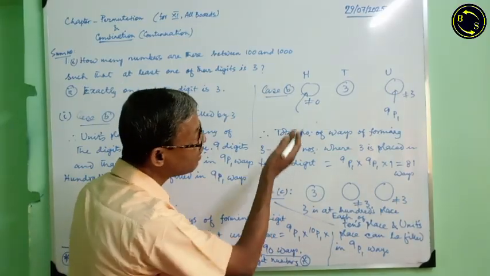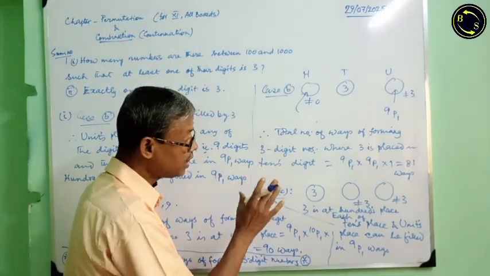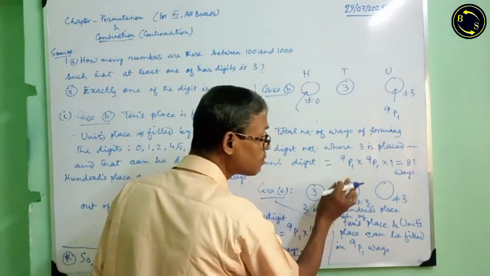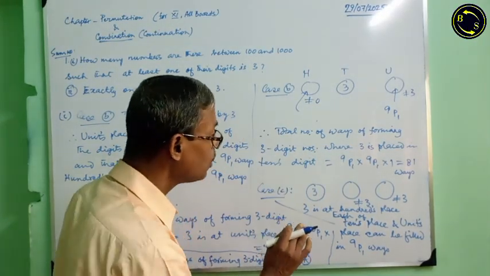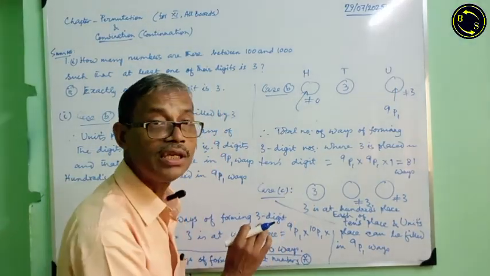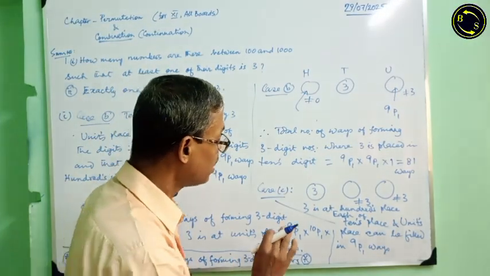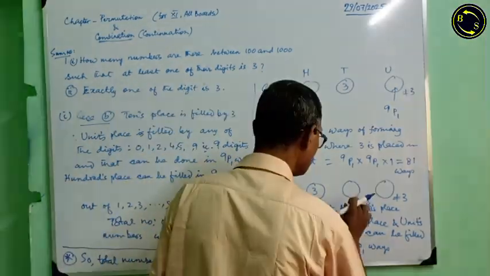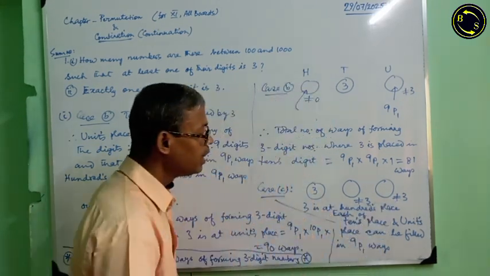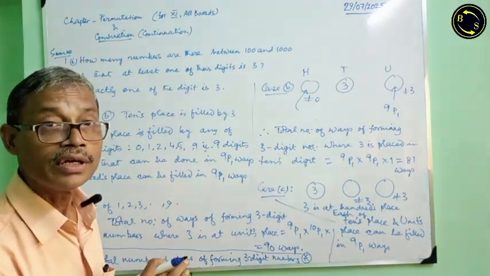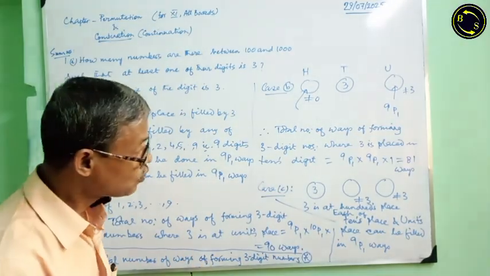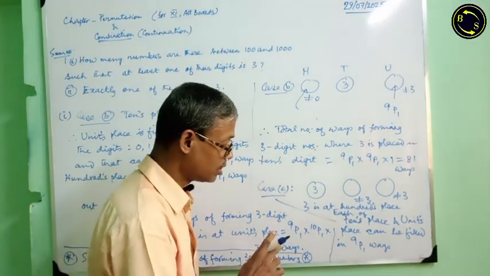As we have already considered 3 at the units place as well as the tens place, in this case, where 3 is at the hundreds place, the cases of 3 in tens and units place are to be discarded.